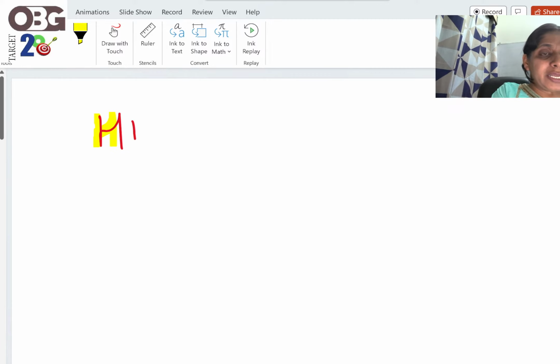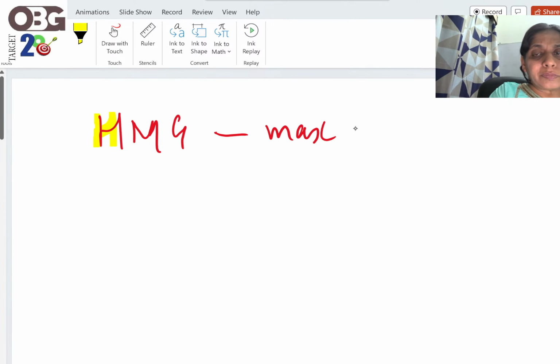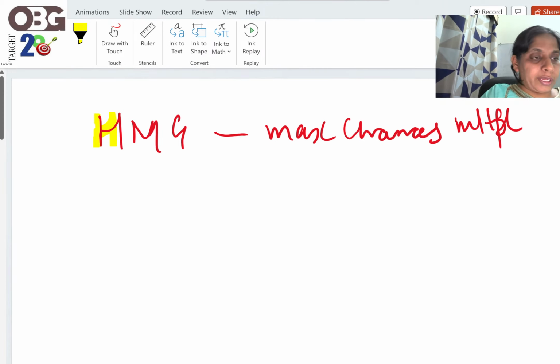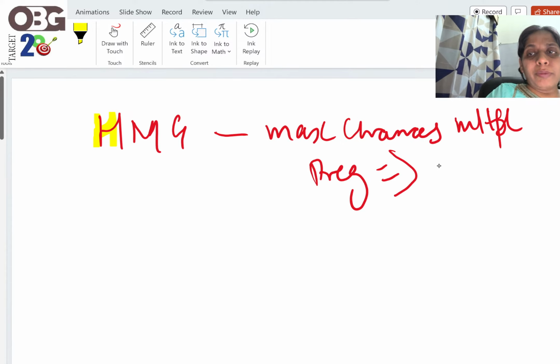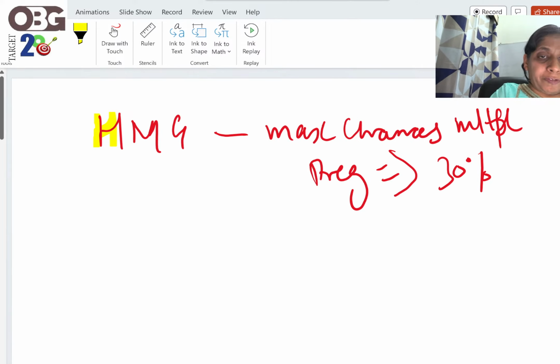Okay, HMG is responsible for maximum chances of multiple pregnancy, that is about 30%. And what is the chance in clomiphene?